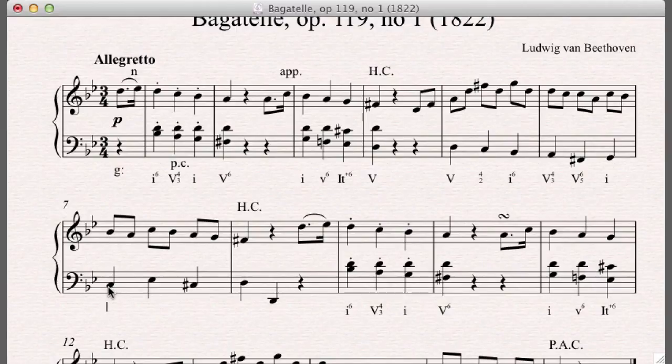But just to say that for analysis purposes, these are our chord tones, this A and this C. And that gives us, well, we're in minor, so that gives us a 2 diminished 6, going to 4, 6.